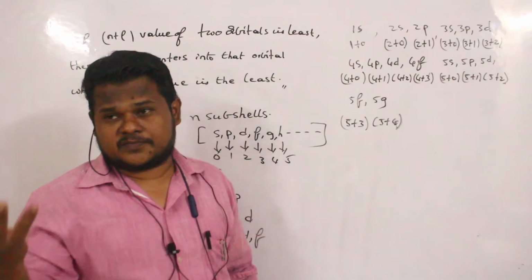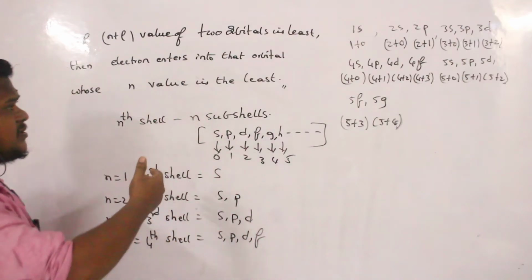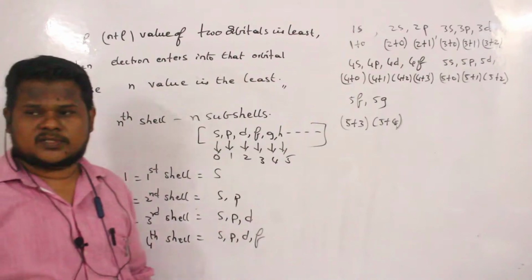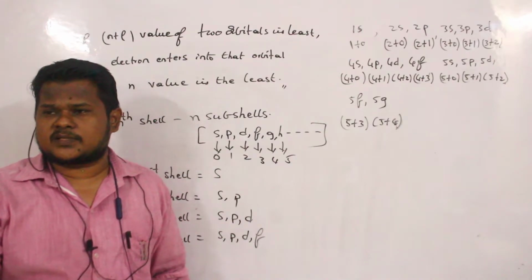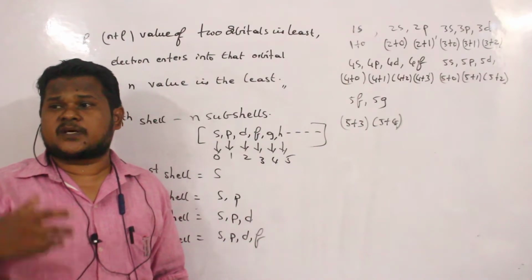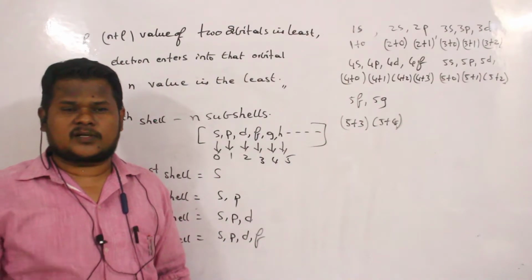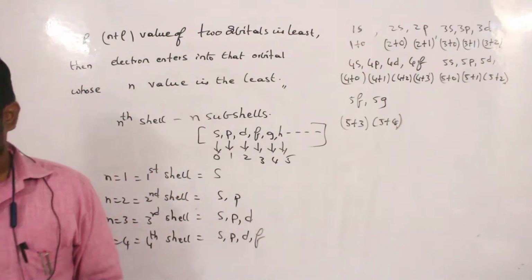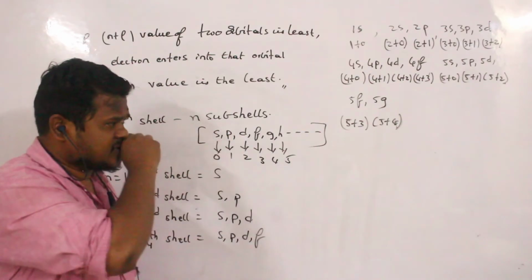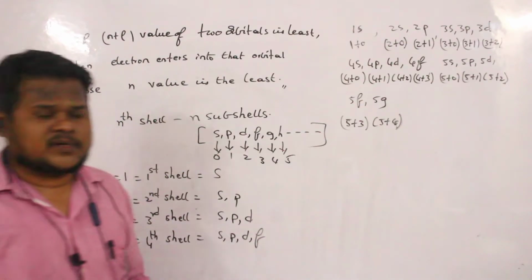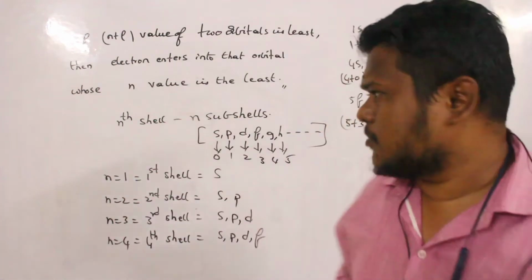Electron enters into those subshells whose n plus l value is least. And if the n plus l values of 2 subshells match, then electron enters into that subshell whose n value is least. Are you able to understand? So according to this, now let us write the sequence in which electrons will enter into different subshells.